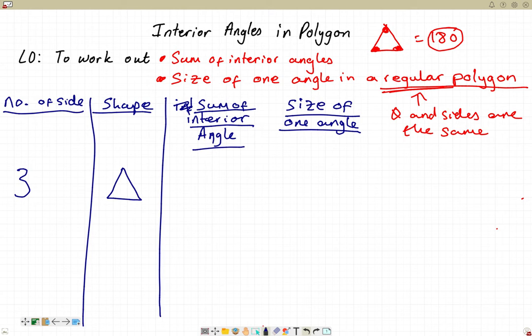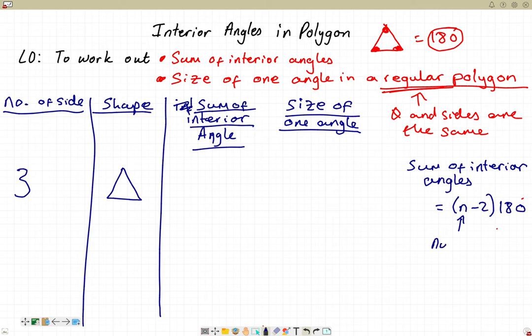Okay, now the sum of the interior angles, there's a formula we use, and that formula is, so write this down, sum of interior angles is n minus 2 times 180, where n is the number of sides.